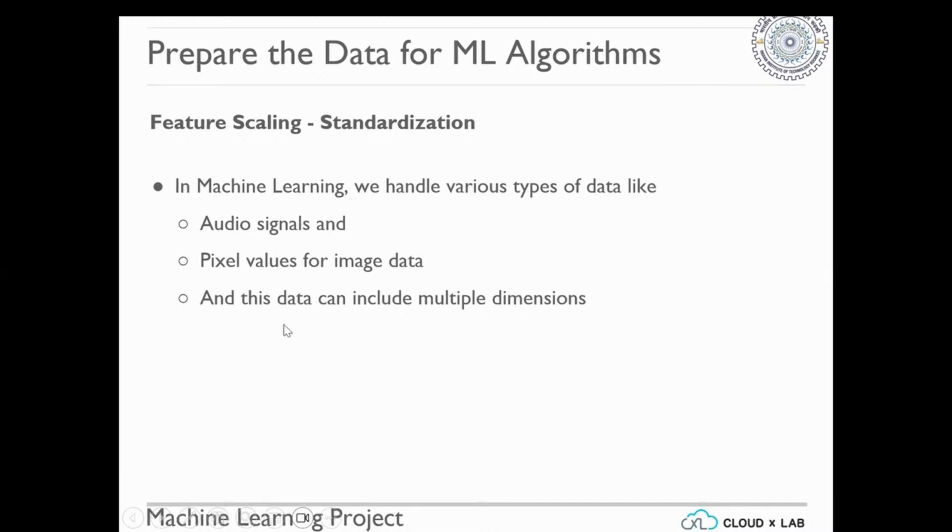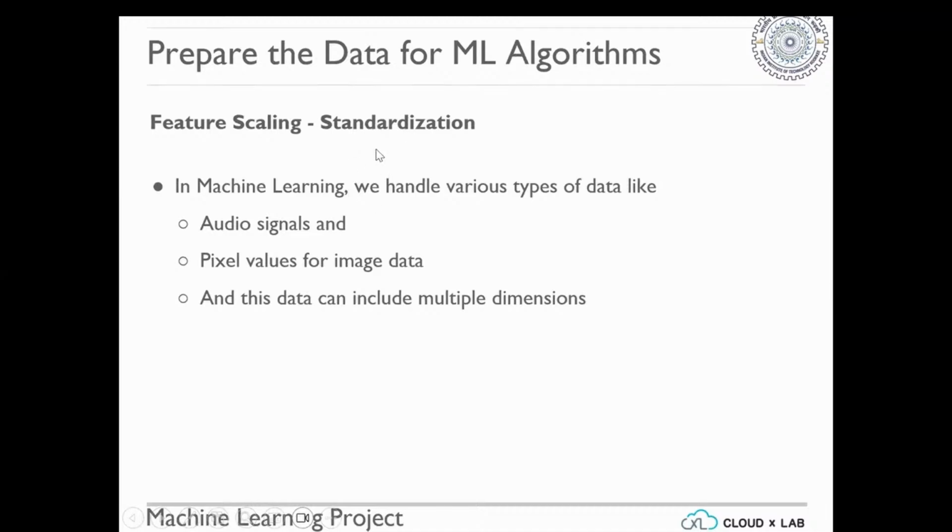For example, an RGB image can have a red channel, green channel, and a blue channel, right? So we can use audio data, image data, or video data to train a machine learning model, right? If we are using these types of data as an input, then we will use standardization as a feature scaling technique.